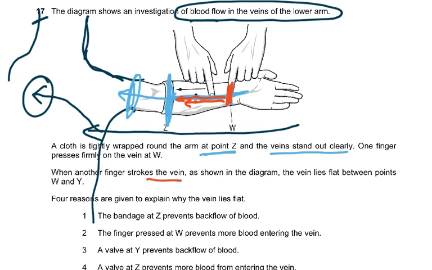When another finger strokes the vein as shown in the diagram, the vein lies flat between points W and Y. So you put a pressure here, and then you've emptied the vein, so it lies flat. When you tied the bandage, the vein stood out clearly. Now it lies flat, because you have pushed the blood to this side and the vein is now empty, right? Let me explain it again.